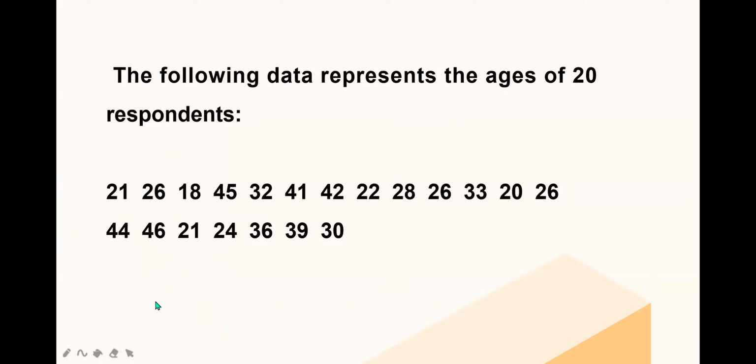Let me dictate: 21, 26, 18, 45, 32, 41, 42, 22, 28, 26, 33, 20, 26, 44, 46, 21, 24, 39, and 30. Let's count these ages: 2, 4, 6, 8, 10, 12, 14, 16, 18, 20. So we have 20 respondents all in all. I think you're done copying our data.